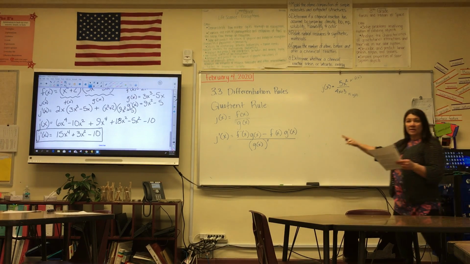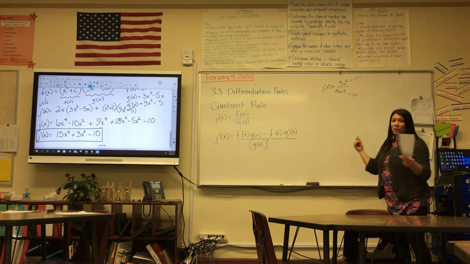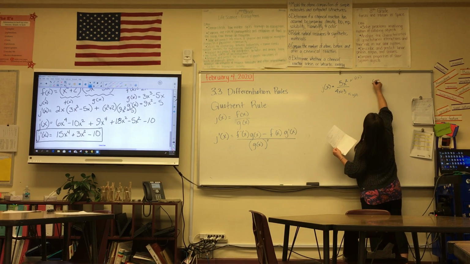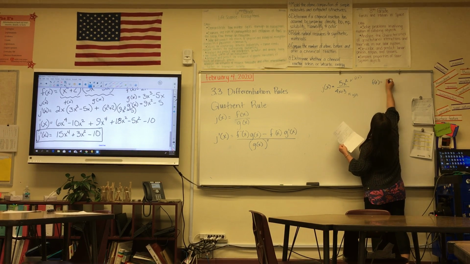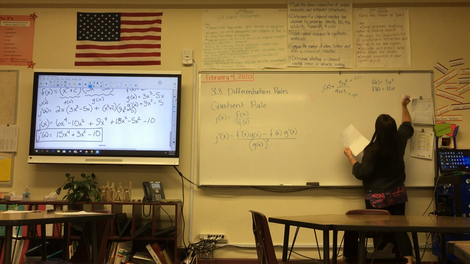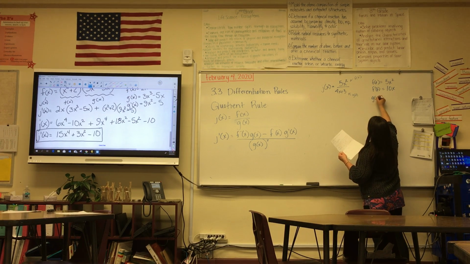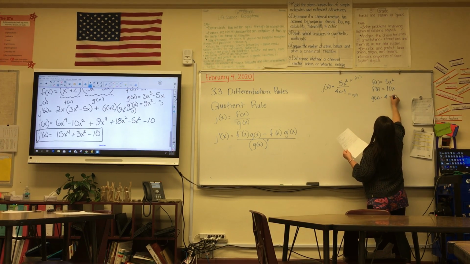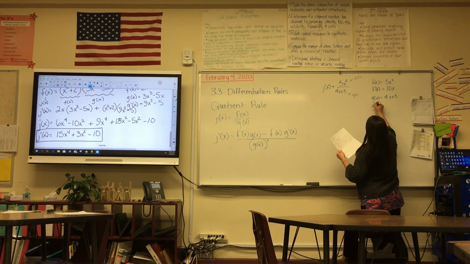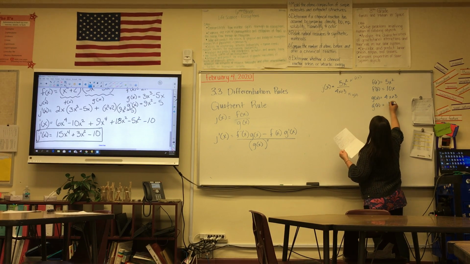So I know I'm going to need the derivatives of both of those, so I might as well go over here and do them. So f of x is 5x squared, so the derivative is 10x. g of x is 4x plus 3, so the derivative is just 4.